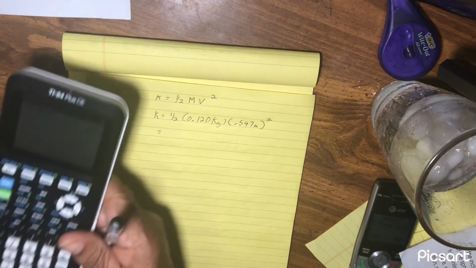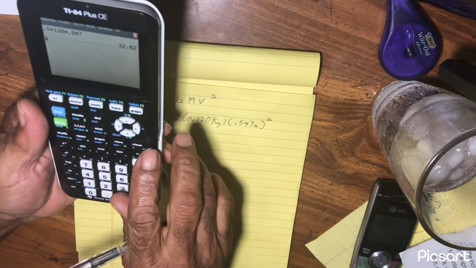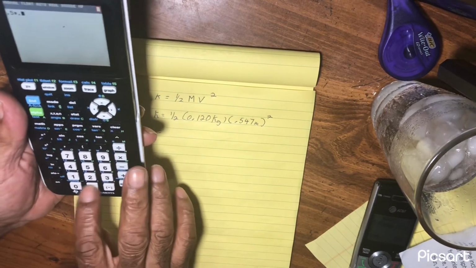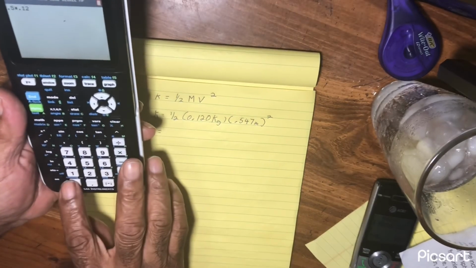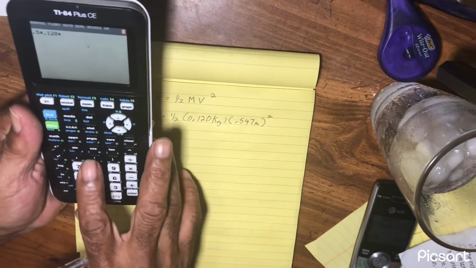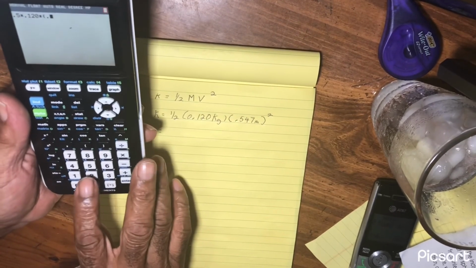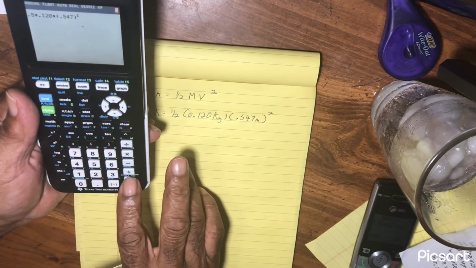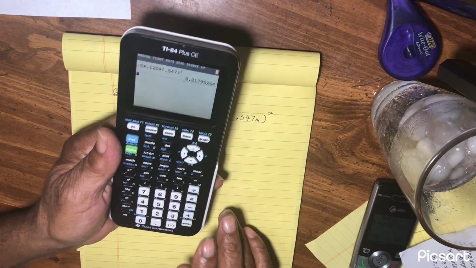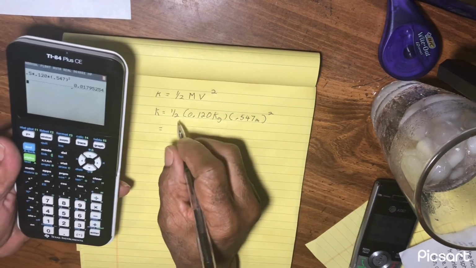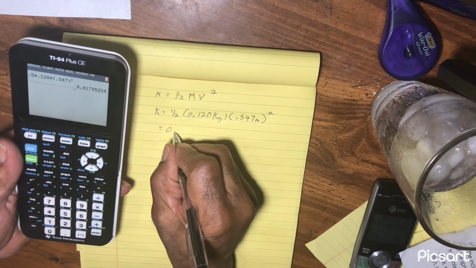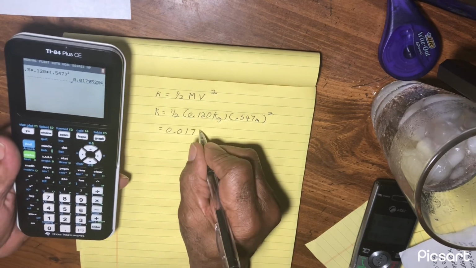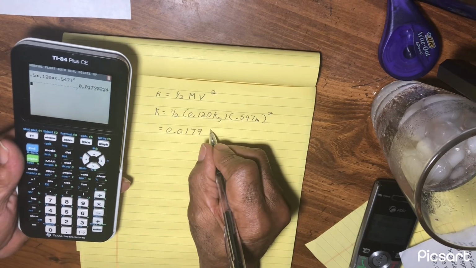And when we multiply this, 0.5 times 0.120 times 0.547 squared is going to equal 0.0179 joules.